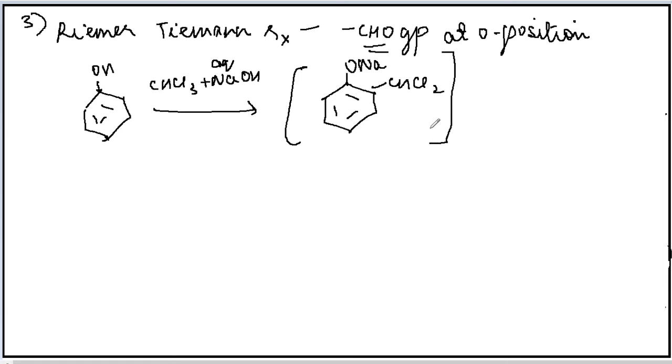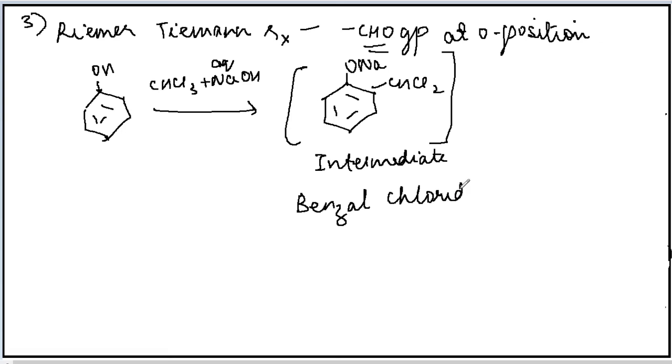I have placed this in a square bracket, meaning this is an intermediate of the reaction. You are all aware of the intermediate. Whenever a reaction takes place, from reactant to product, an intermediate is formed. This intermediate name is benzyl chloride.